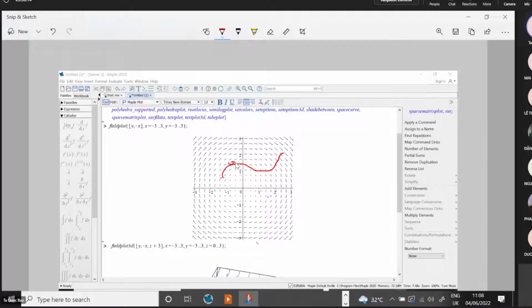The particle moves on the curve C. Therefore, at every point here, you can see this is the direction. The force on this particle is different from the force at this point. Understand?